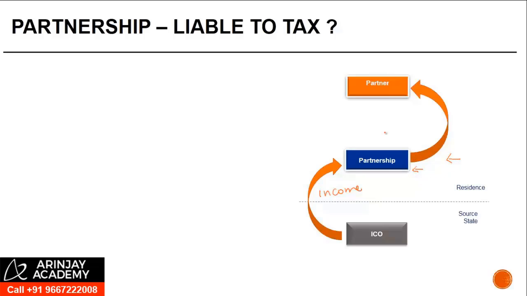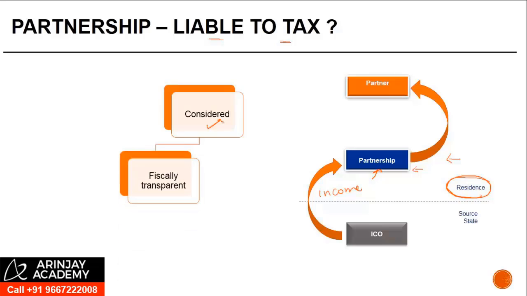It is entitled only when it is liable to tax, right? But there could be two situations for taxation of a partnership firm. When we look at the tax rules of the country of residence, a partnership firm may be considered as fiscally transparent. What this means is, suppose $100 were paid by the Indian company to the partnership firm. This is not going to be taxed in the hands of the partnership firm. Instead, it is going to be seen who the partners are. Suppose there are two partners, A and B, and they share the profits and losses equally.